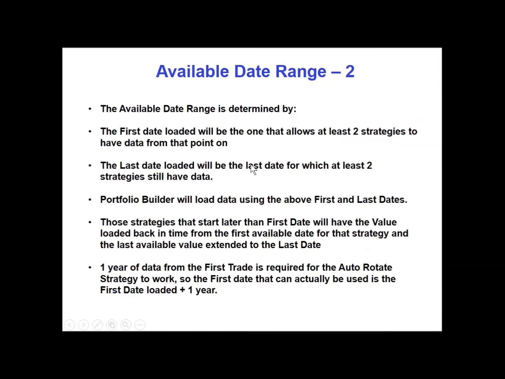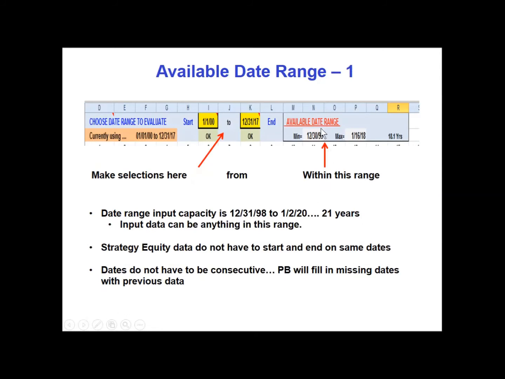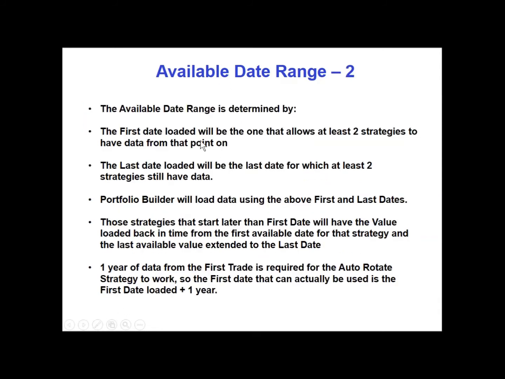Okay, now you need to know how the available date range is determined. The first date loaded, which is what we see right up here, will be the one that allows at least 2 strategies to have data from that point on.